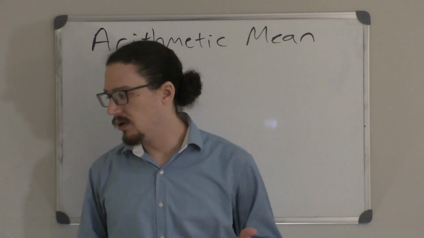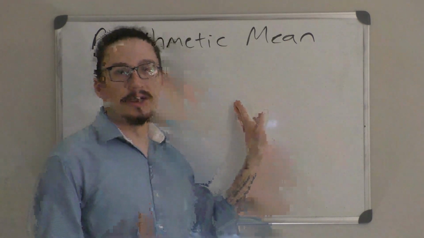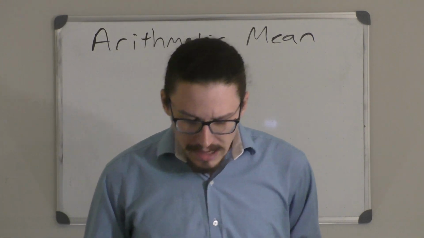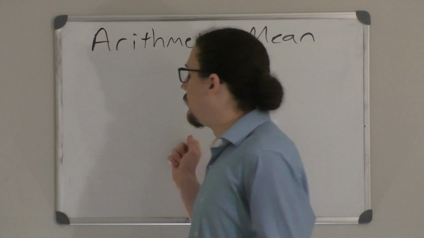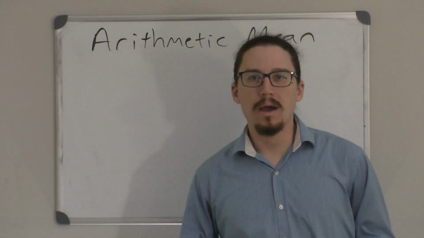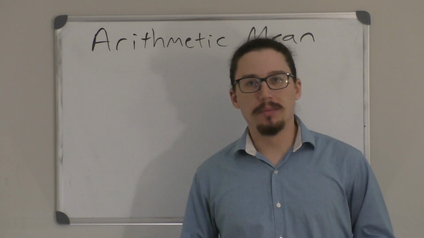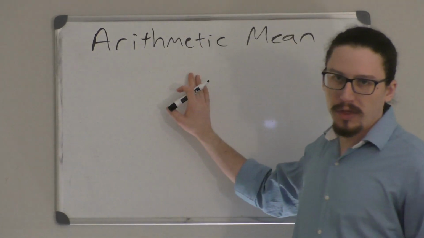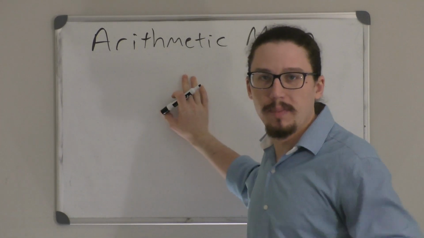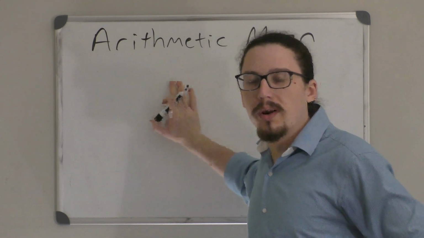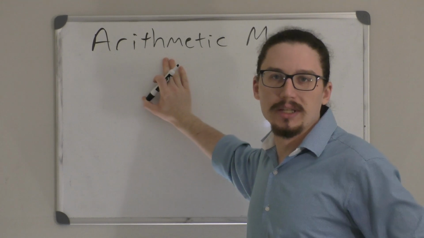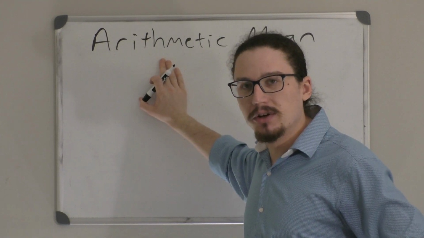We're definitely going to use this one more than any of the others in this section. It is very important, and it's relatively simple. It's got a lot of great properties, and for that reason, most of the time, once we move past this section of material, whenever I ask for the mean, I'm asking for the arithmetic mean.